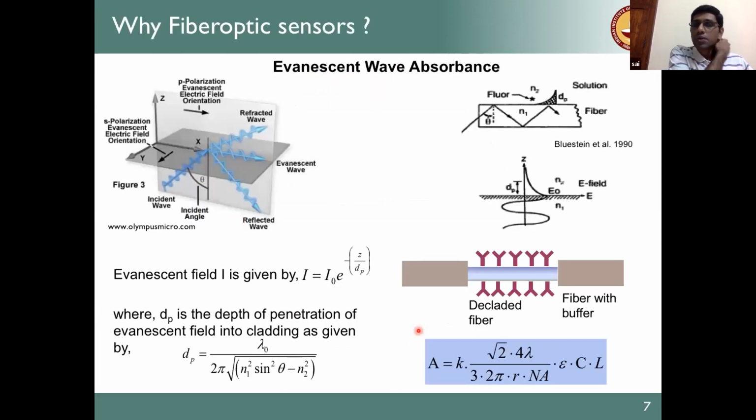Just to give a brief introduction about why fiber optics: you probably recall the double beam UV-visible spectrometer, which used to be a big 2 feet by 3 feet laboratory equipment, and now it has gone down to hardly half a square foot or less.